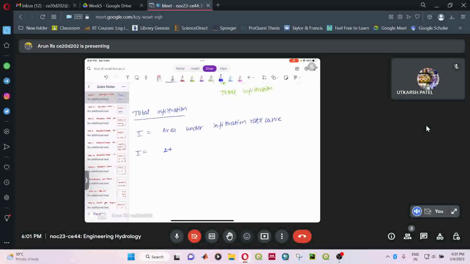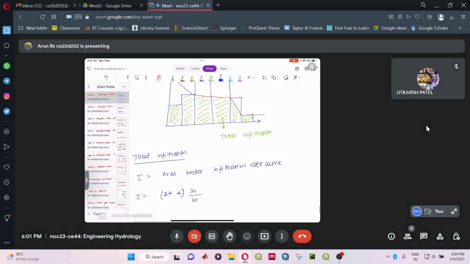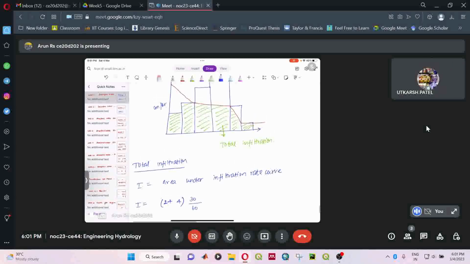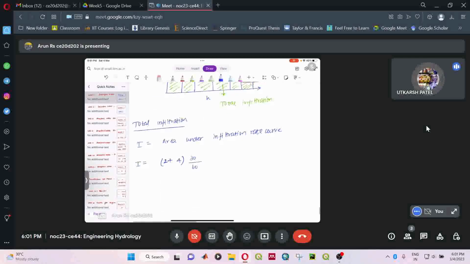So 7 plus 4 into, each rainfall is happening for 30 minutes, so into 30 by 60. So this is in centimeter per hour, and this is in hours. So that is 3.